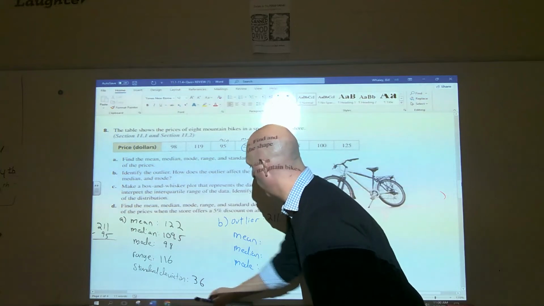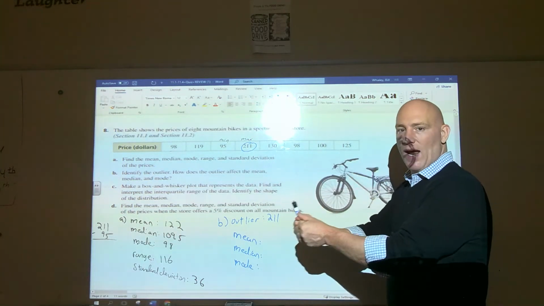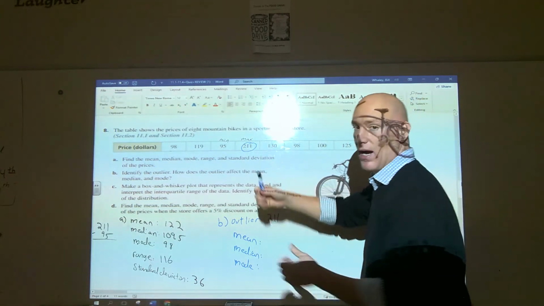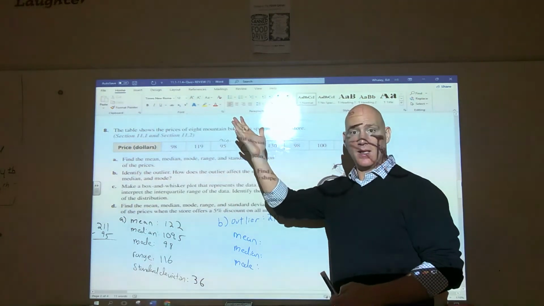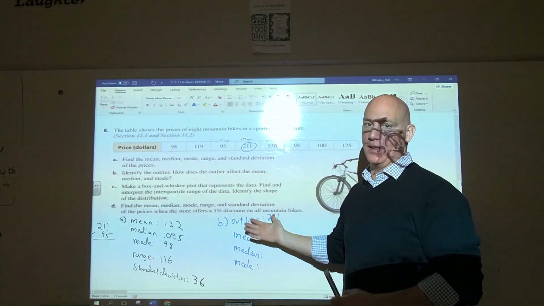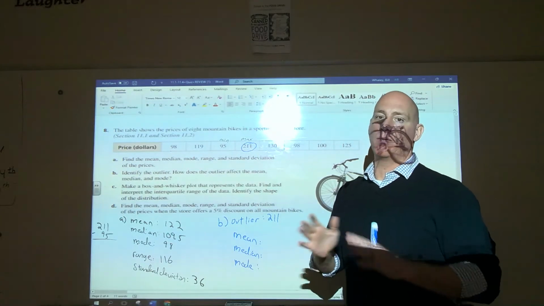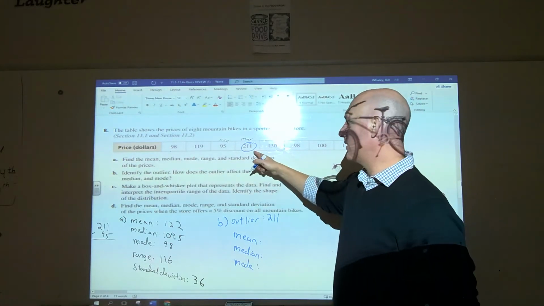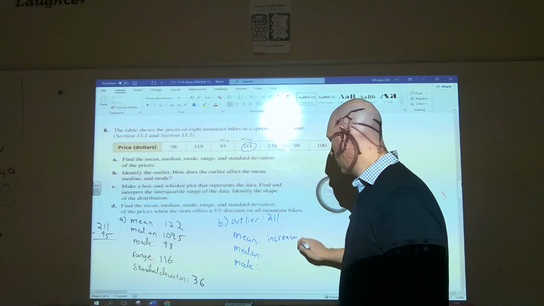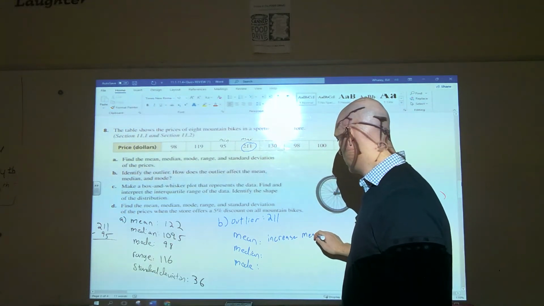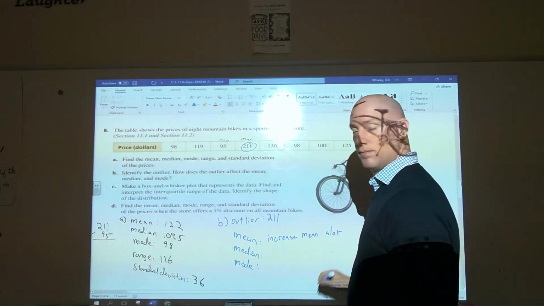So the mean: the outlier will drag that mean, pulling it towards it. Since the outlier is big, it will increase the mean. If the outlier was small, it would decrease. But what does it do to the mean? It will increase the mean a lot.